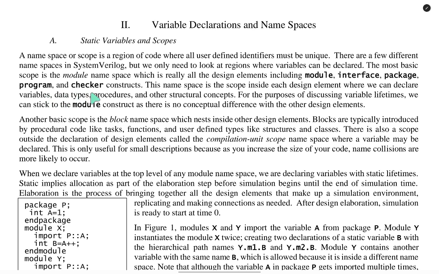This namespace is the scope inside each design element where we can declare variables, data types, procedures, and other structures. For the purposes of discussing variable lifetimes, we can stick to the module construct as there is no conceptual difference with other design elements.